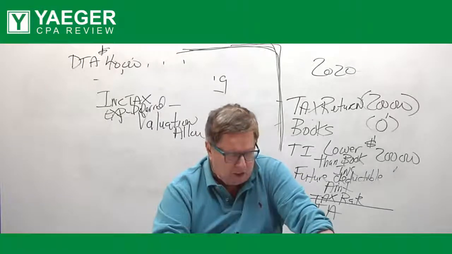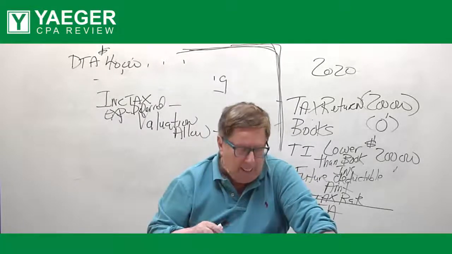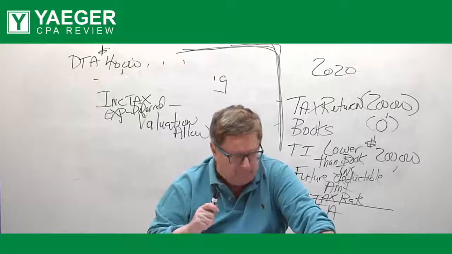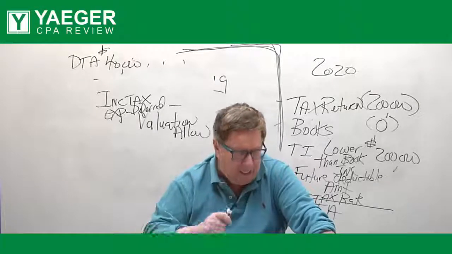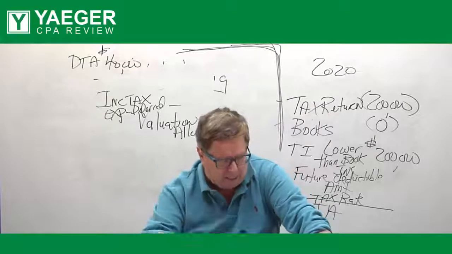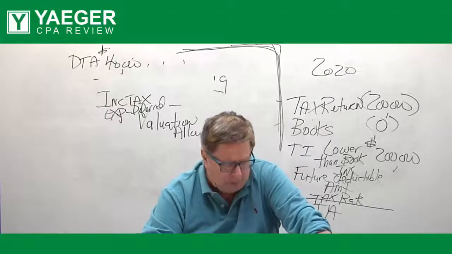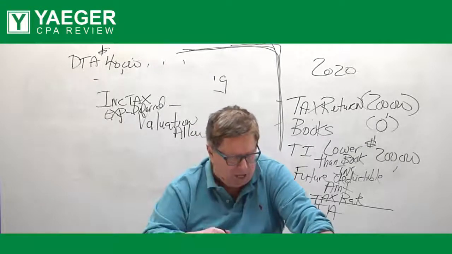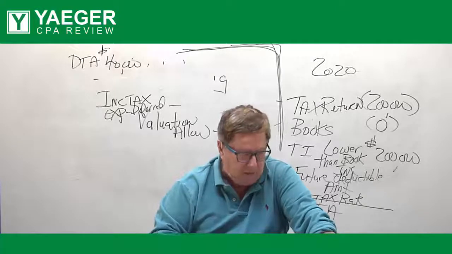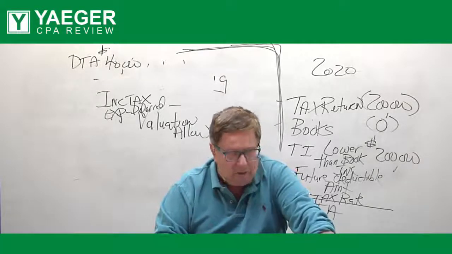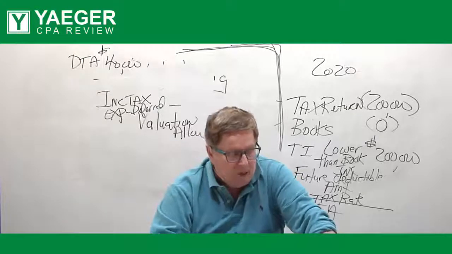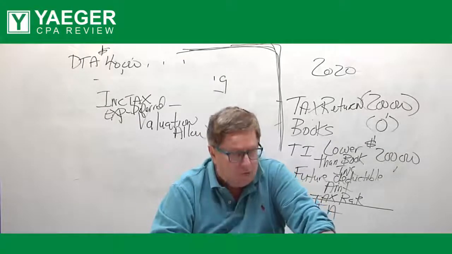ASU 2018-02 states, if income tax effects from the Tax Cuts and Jobs Act are stranded in accumulated other comprehensive income, since current GAAP requires tax rate adjustments to flow through to current earnings, these amounts will be reclassified to retained earnings. Let me repeat it, ASU 2018-05.